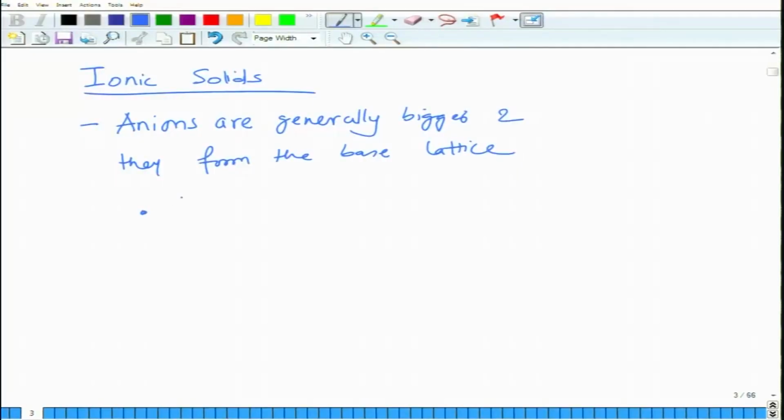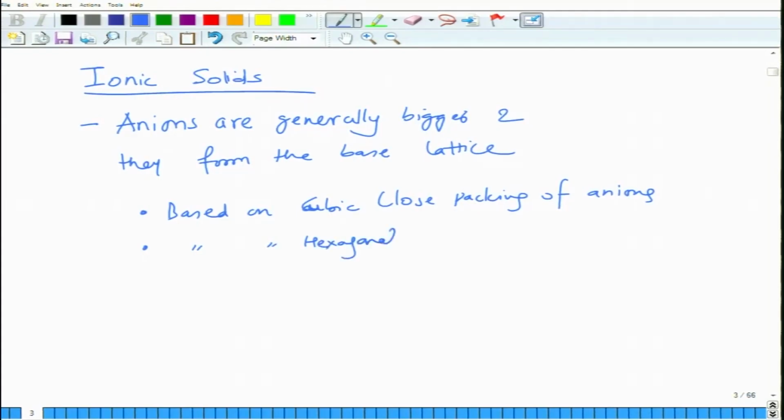So, since they form the base lattice, the structures are categorized as structures based on cubic close packing of anions, structures based on hexagonal close packing of anions, and structures which, let us say we put them in one category as other structures, which could have primitive cubic structures and things like that.